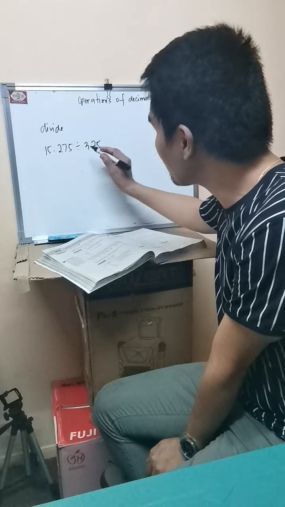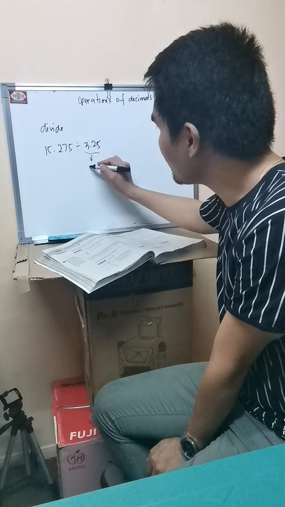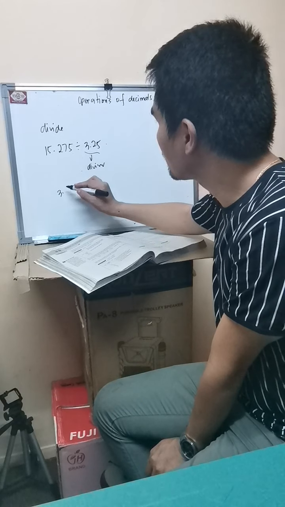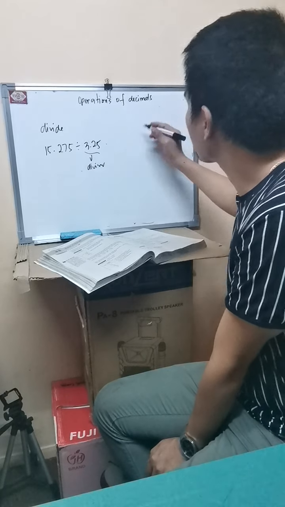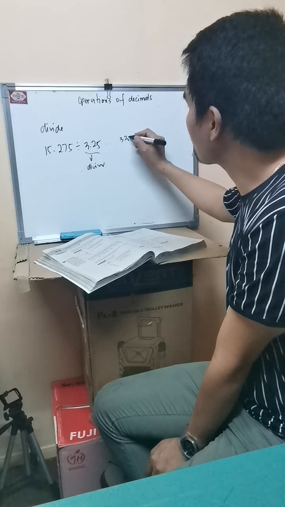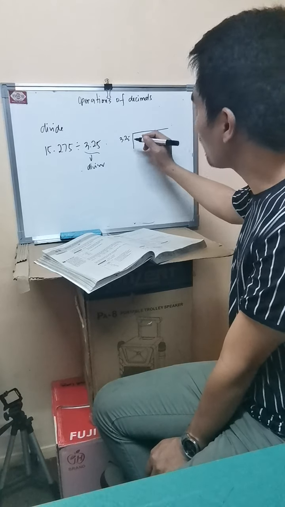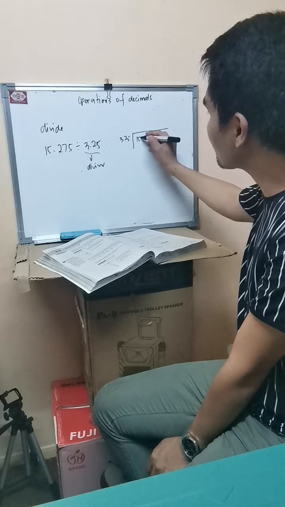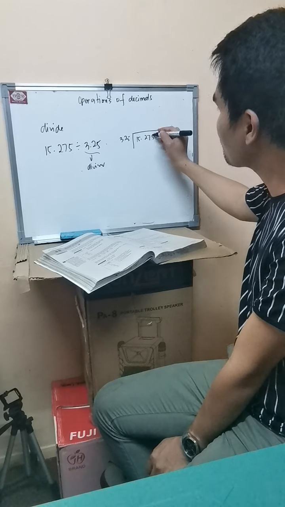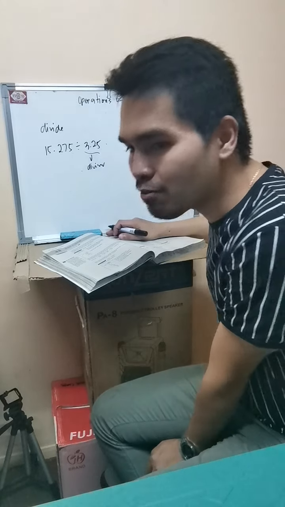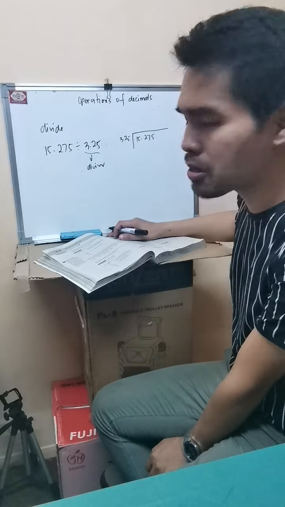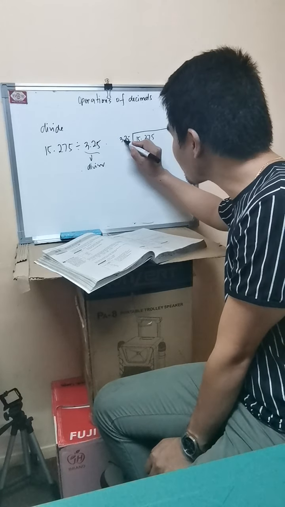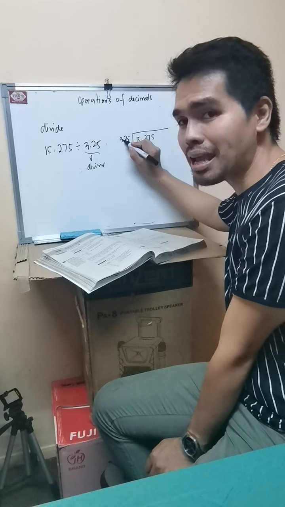That's our divisor, 3.25, with our dividend inside the division operation, 15.275. But in order for us to carry the division operation, we will make the divisor a whole number. So we move the decimal point until it becomes a whole number.